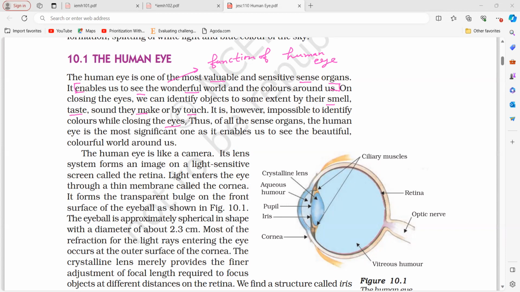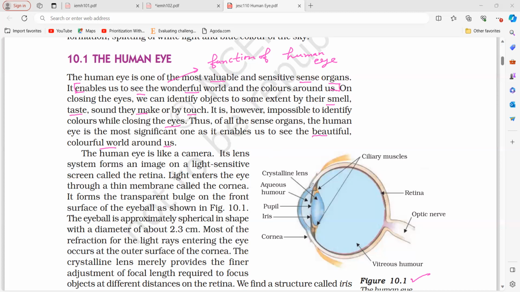Thus, of all the sense organs, the human eye is the most significant one as it enables us to see the beautiful, colorful world around us. You have to pay attention to this human eye diagram.